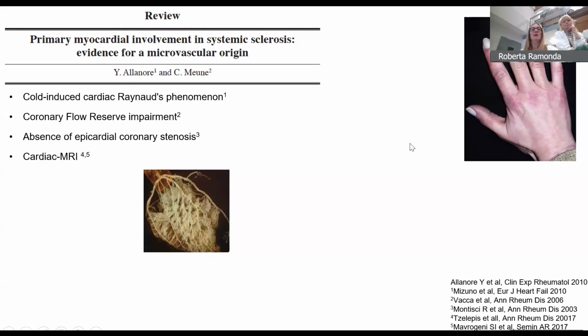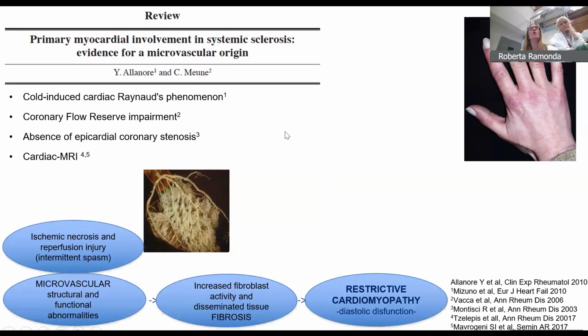There is several evidence that the origin of cardiac involvement in scleroderma is microvascular, and also autoptical studies contributed to demonstrate that we have an ischemic necrosis, reperfusion injury due to the so-called Raynaud's phenomenon of the heart with microvascular damage.